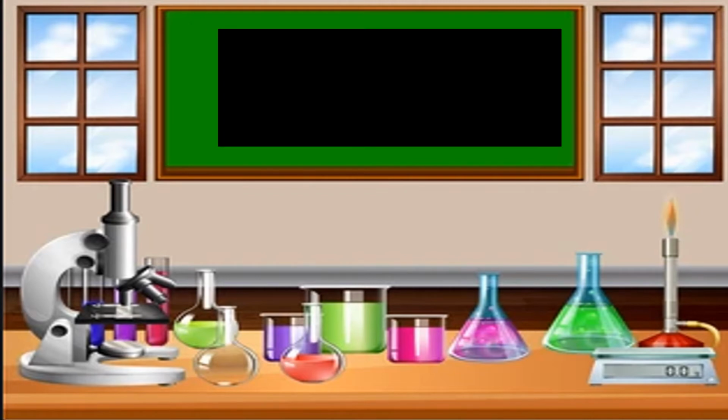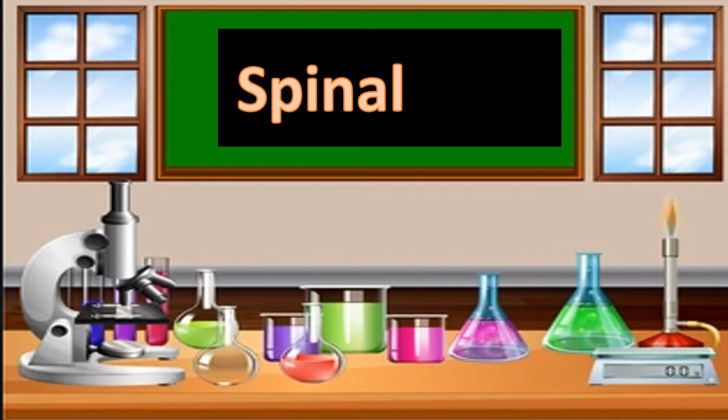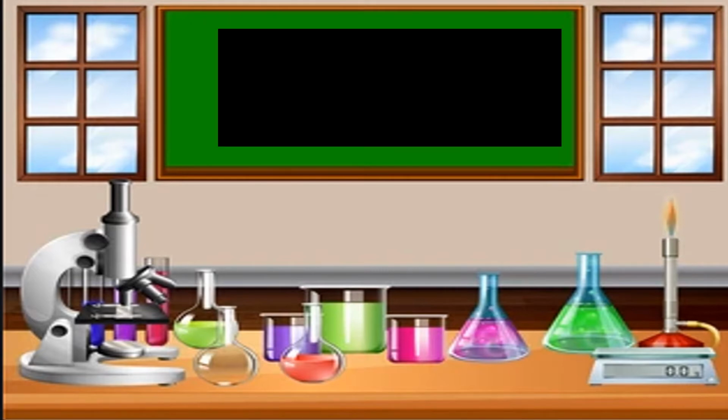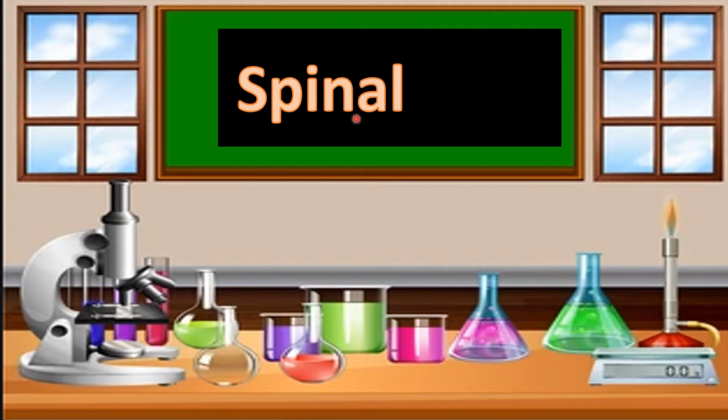Next, we have spinal cord. Can everybody say spinal cord? Let's spell spinal cord. Letter S, P, I, N, A, L, spinal. Cord, C, O, R, D, spinal cord.